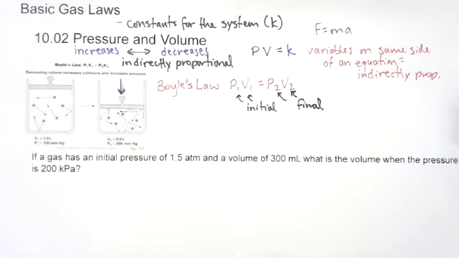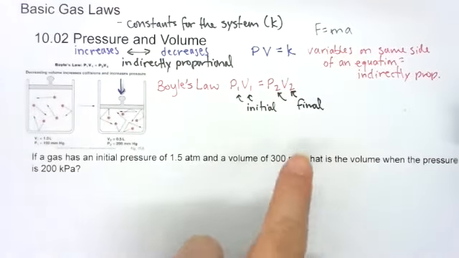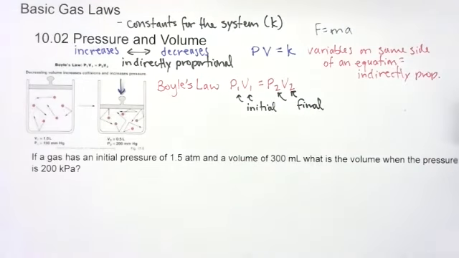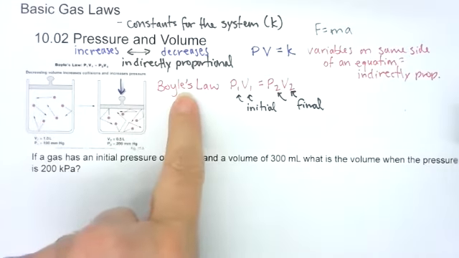So if we look at the initial pressure and volume, and we have one of the final values for either pressure or volume, we can find the third. Let's do a sample problem, and then I'll come back and give you guys a mnemonic for how you can remember Boyle's law.